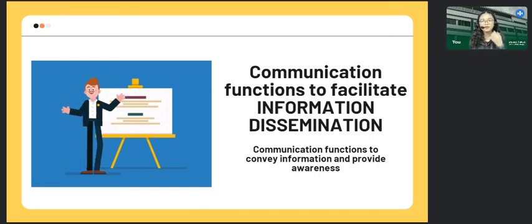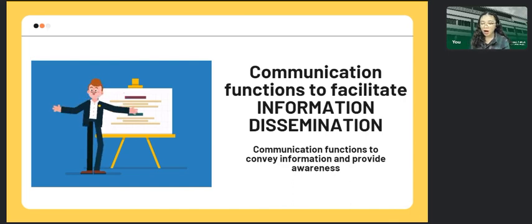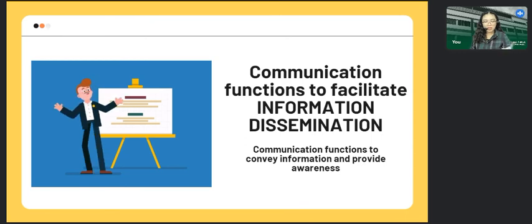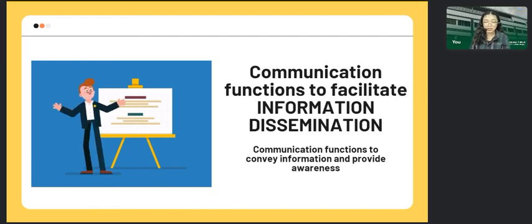Example of that, the news reporter wants to disseminate information about the election 2022, that the registration for new voters will be extended until October 31, 2021. In that case, the reporter used the communication function to give information to the people, to the Filipino citizens of our country. So that's for the functions of communication.